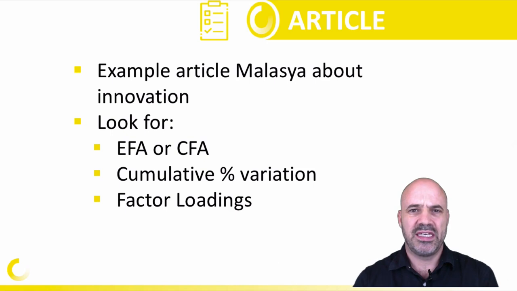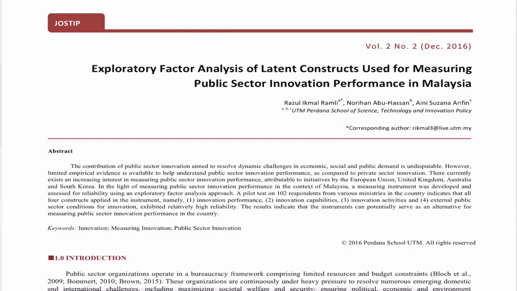What you're looking at is three things. You're looking at the exploratory factor analysis, the cumulative percentage of variation, that must be enough, and then you look at the factor loadings that will prove that the statements reside with the factors. So that's what you're looking at. What we look at here is exploratory factor analysis of latent constructs used for measuring public sector innovation performance in Malaysia. This is the article.